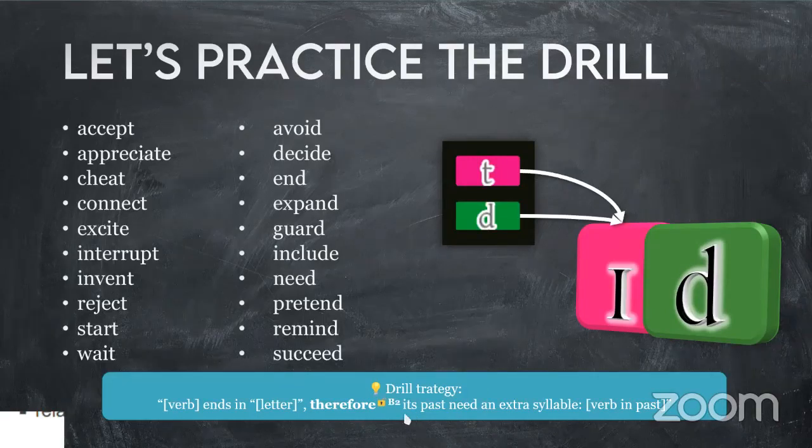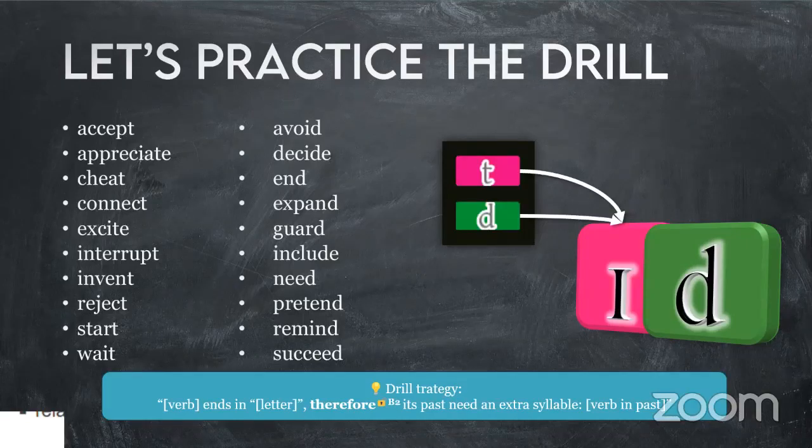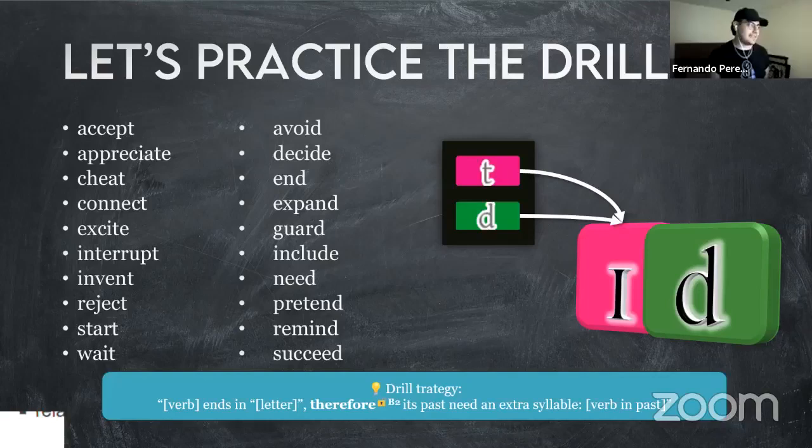Avoid ends in D. Therefore, its past needs an extra syllable. What is the possessive for it? Its. Exactly. One more time. Avoid ends in D. Therefore, its past needs an extra syllable. Avoided. Perfect. Fantastic. Very good.